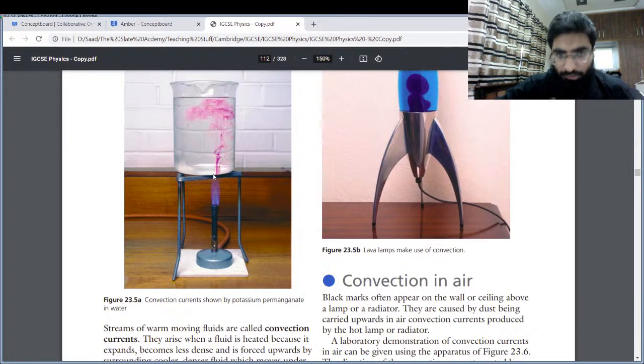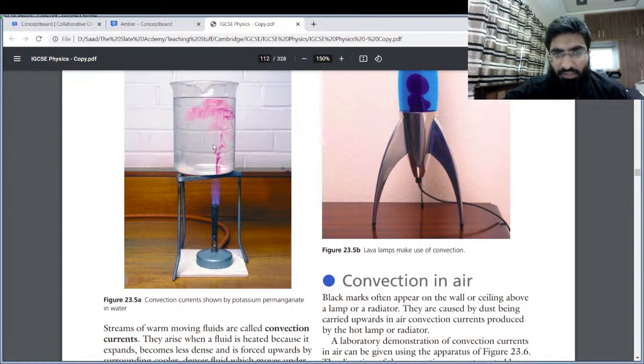So did you get why the density would decrease? Same mass spread over a larger volume. Their density has decreased, but the density of the water up here is more. So this denser liquid would come down and replace this less dense liquid, which would go up, and as it goes up, it carries the heat energy with it.